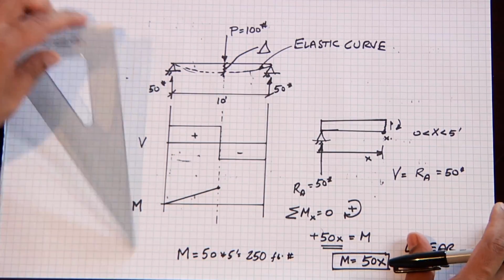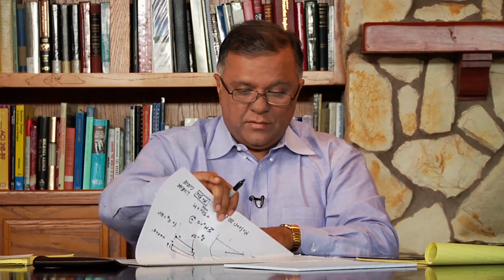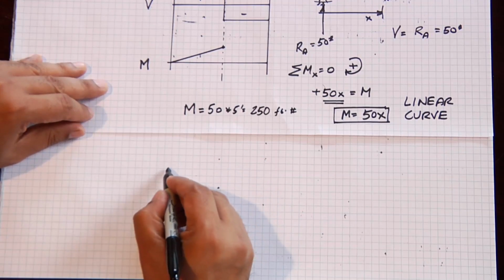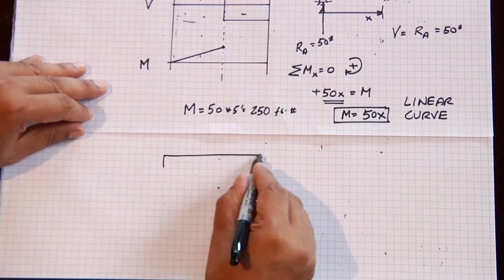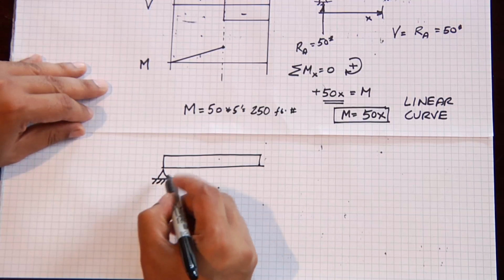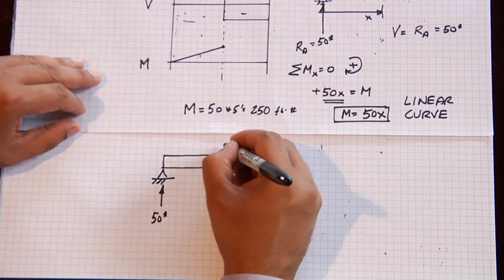And the same thing will happen on the right-hand side, except that now, because we have a negative shear occurring, the moment diagram will change. And so on the right-hand side, if we go back and do a free body diagram of the right-hand side of the diagram, we have our left reaction, 50 pounds.